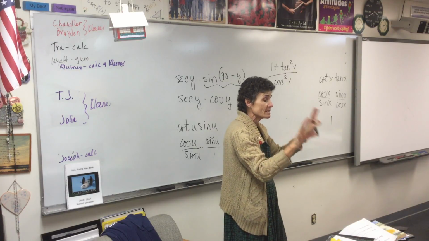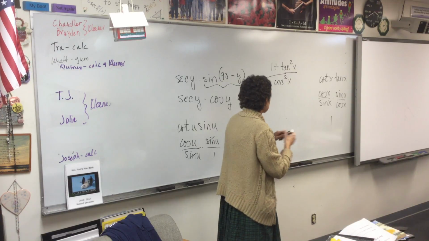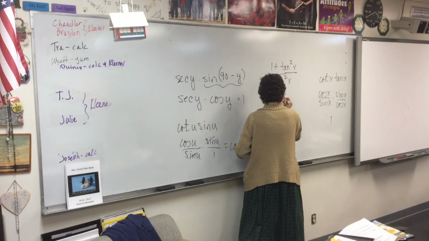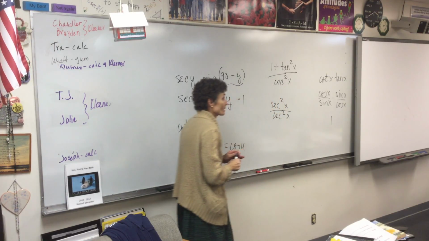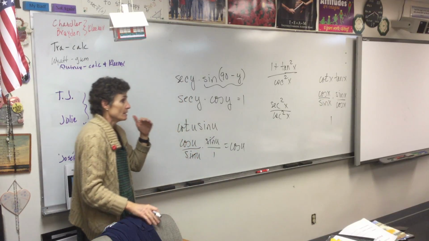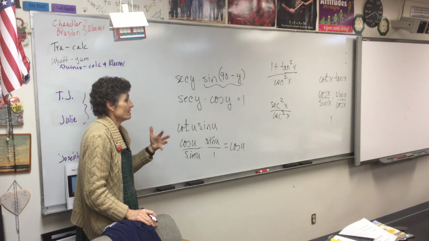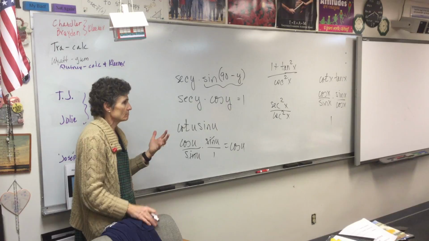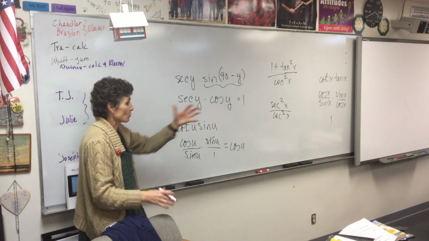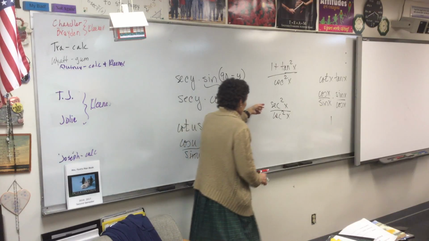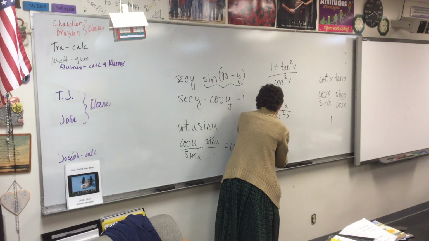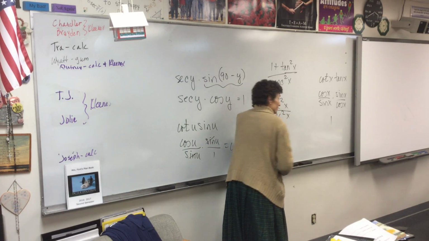So every time I see a 1 plus tangent squared, I can replace it with secant squared. Now, what is secant squared? It's the reciprocal of the cosine. So I'm going to write this as 1 over cosine squared.